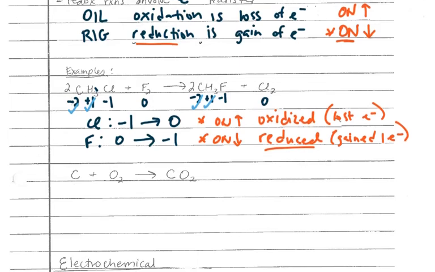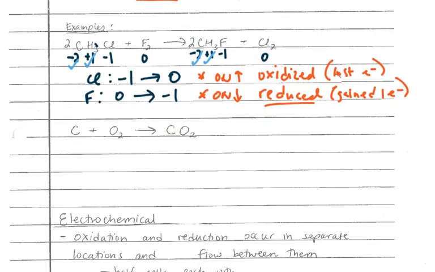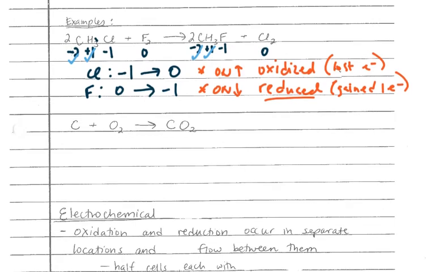All right, so maybe you want to try this one yourself, but I will work it nonetheless. Solid carbon, natural elemental carbon, has an oxidation number of 0. It's in its natural elemental state. Diatomic oxygen, also in its natural elemental state, will have an oxidation number of 0.